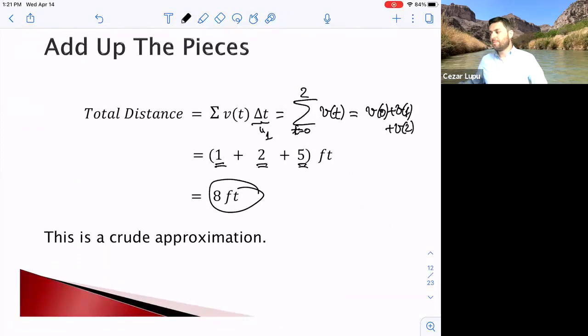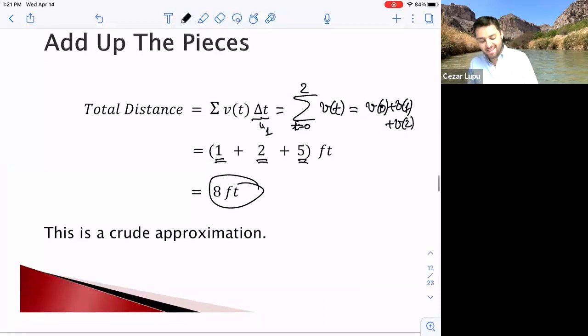But let me tell you, this is a very crude approximation, and you will see why. This is very intuitive, because this is how you would intuitively do it: break into pieces and see what happens on each piece, such that the speed is constant on each. But still it's not enough.